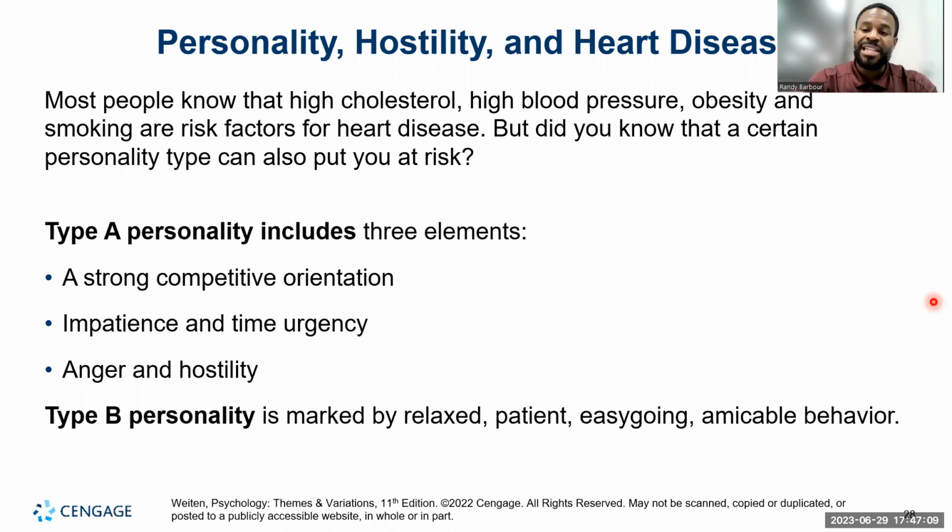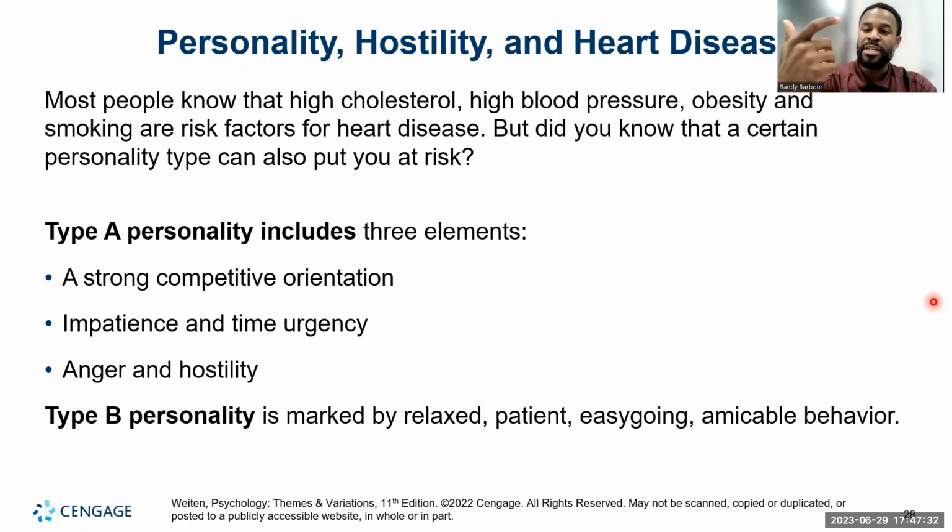Okay. Our personality plays a big role in how we experience stress, right? And how susceptible we are to the stress response. Okay. So most people know that high cholesterol, high blood pressure, obesity, and smoking are risk factors for heart disease. But think about our personality type.